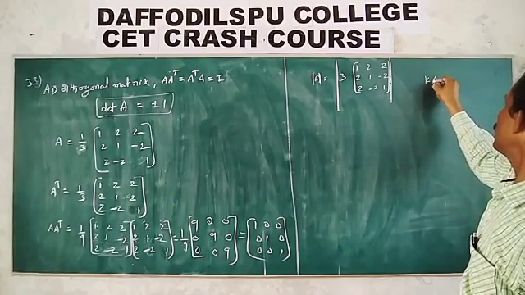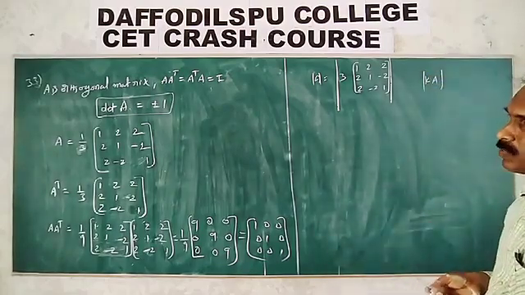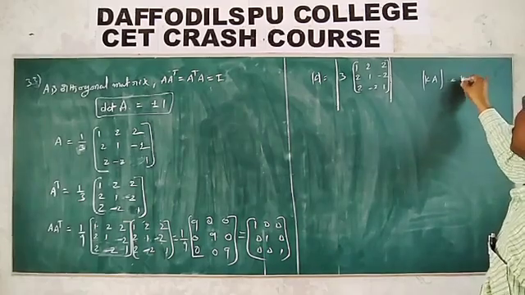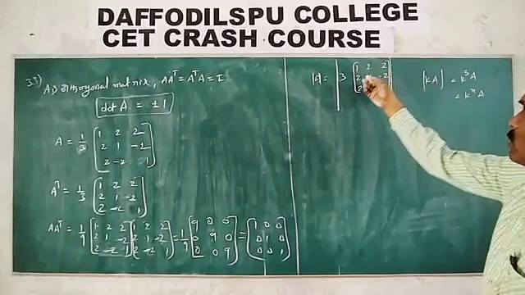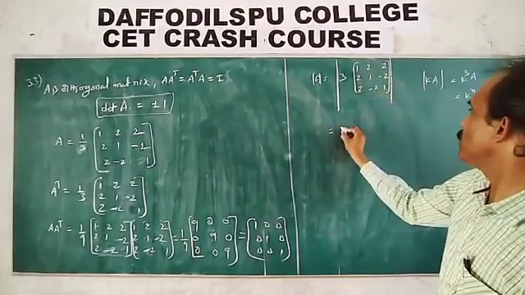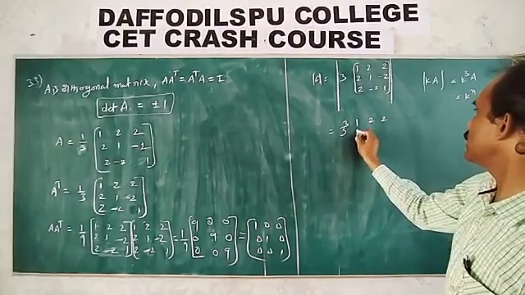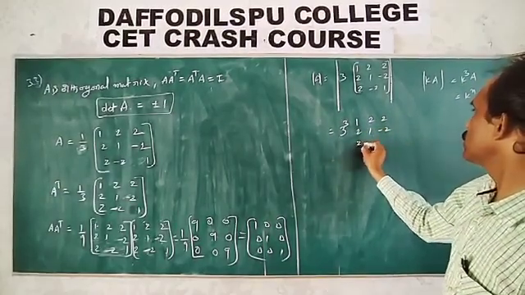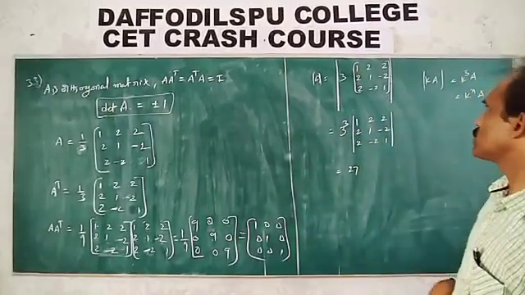We know the determinant of k into A, for a matrix of order n, can be written as k power n into det A. So that's why, as this is order 3 by 3, it is 3 cube into det A, 3 cube into det A, right? 3 cube is 27.